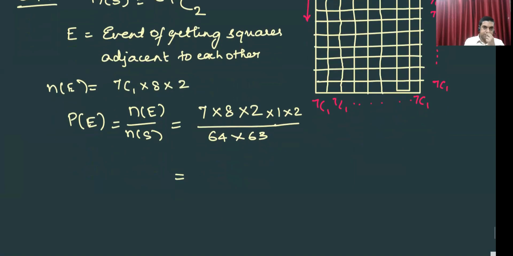So 7 cancels 63 9 times. And then 8 2s are 16, 16 2s are 32. So 32 cancels 64 2 times. So we are left with 1 upon 2 into 9, that is 1 upon 18.